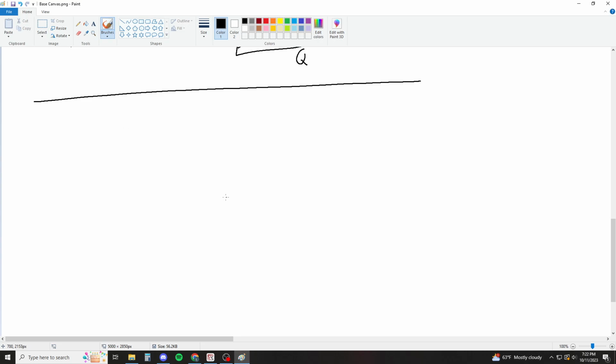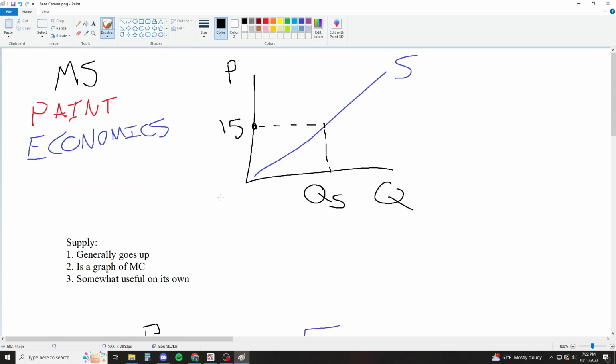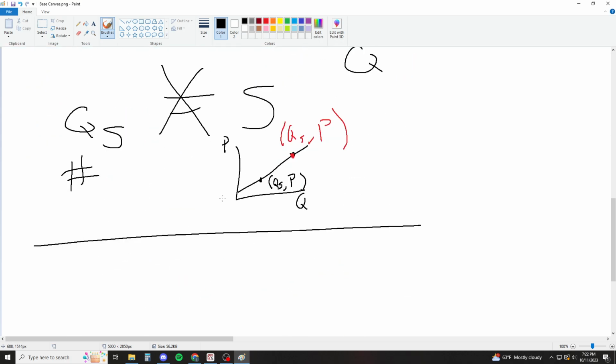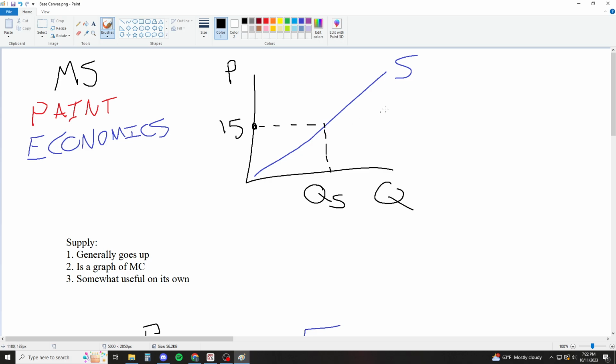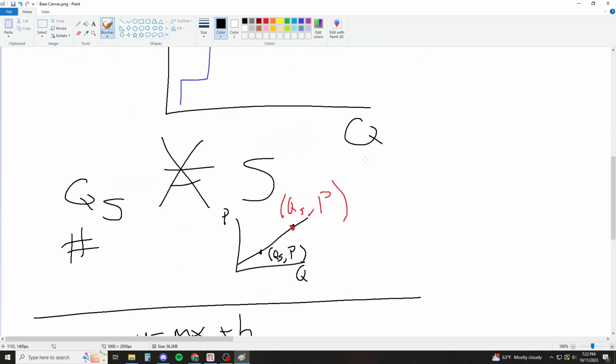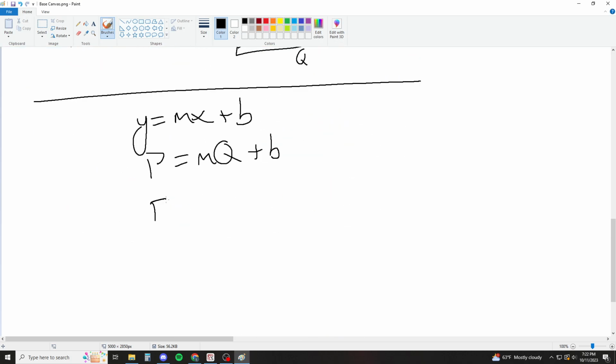Now, the equation. If we look at this, almost all of us learned y equals mx plus b. If I plug in my variables, I get P equals mQ plus b. Well, looking at this, this is upward sloping, so m, the slope, is going to be positive. This is again just an example. I don't want to confuse some kids out there: m can be anything. It could be 1, 2, 19.